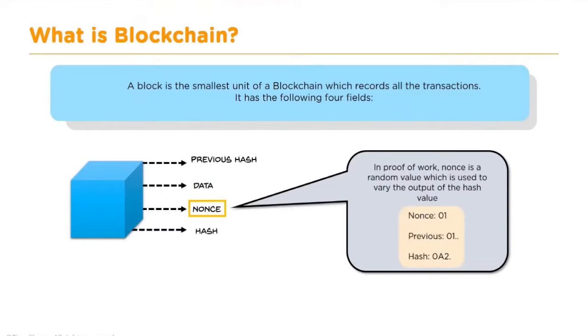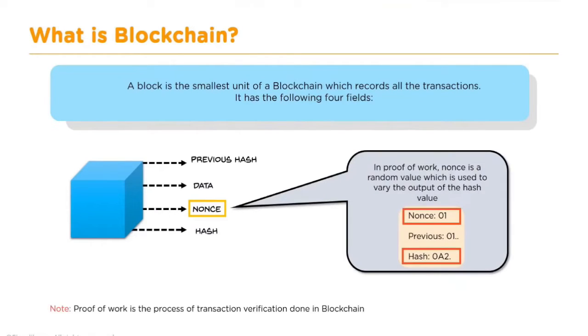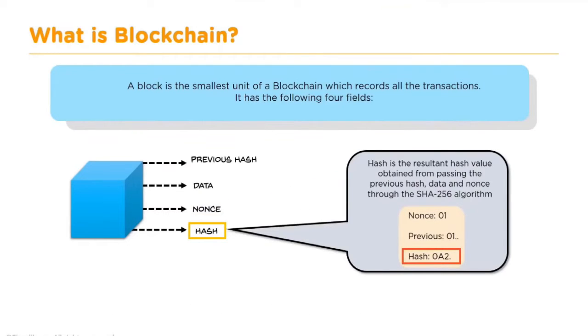Nonce. In the proof of work consensus algorithm, which is used in Bitcoin, nonce is a random value which is used to vary the output of the hash value. Every block is supposed to generate a hash value, and nonce is the parameter used to generate that hash value. Proof of work is the process of transaction verification done in blockchain. Now, hash is the resultant hash value obtained by passing the previous hash value, the data, and the nonce through the SHA-256 algorithm to generate the hash of this block.